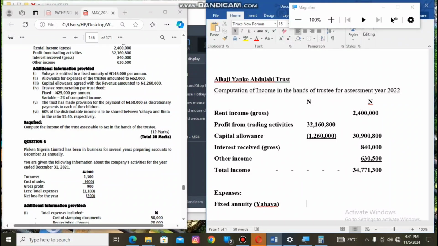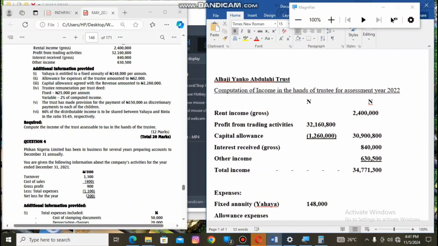So how much is the annuity? 148,000 naira. So next, allowable expenses for the trustee amounted to how much? So just write allowance or allowable expenses.